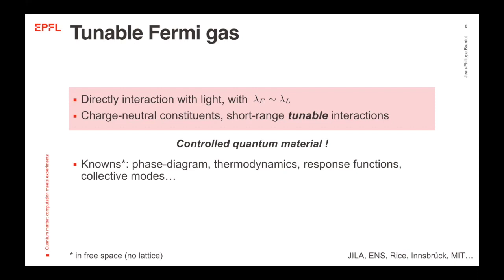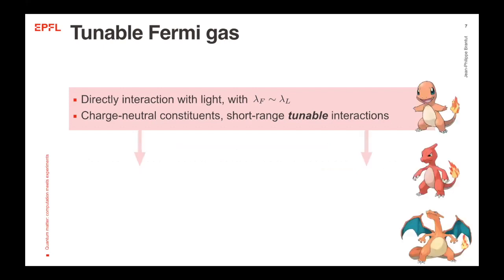But in free space, we know really a lot about this. So think of it as a sort of bulk material over which we have a large degree of control. So what this talk is going to be about is basically what kind of evolution we can think of when we start from this bulk material and we want to add sort of new layers of complexity.